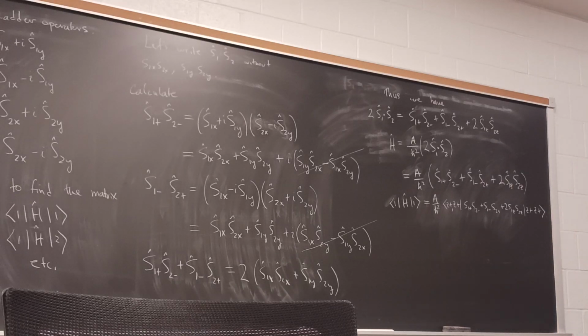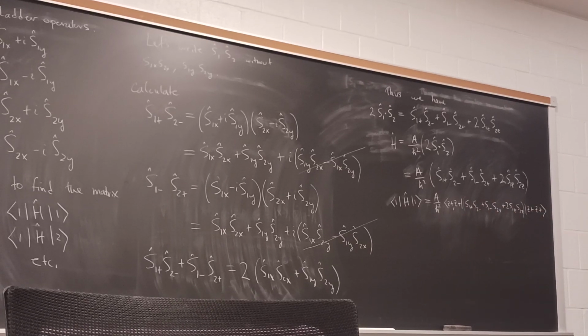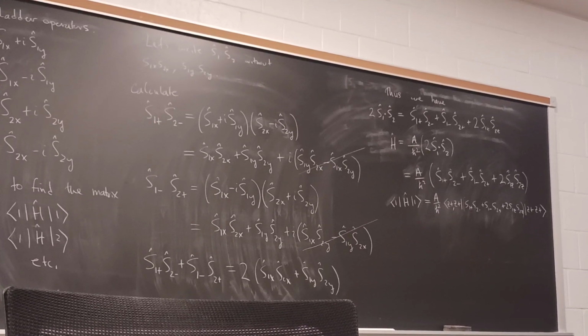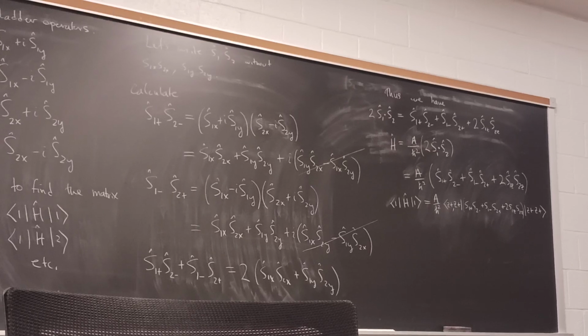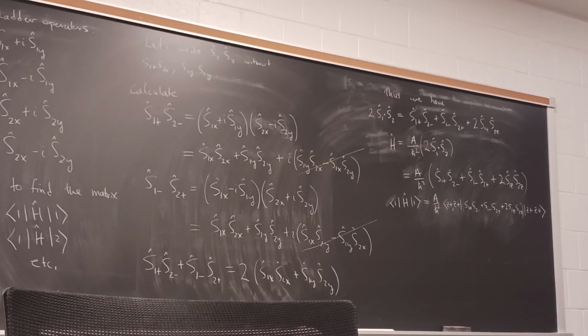Okay, that's the first matrix element that we have to calculate. All right, so which terms here go to 0? Which terms go to 0? I want to say the ladder operators, but I don't know.